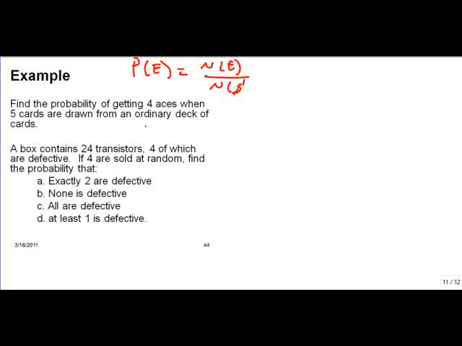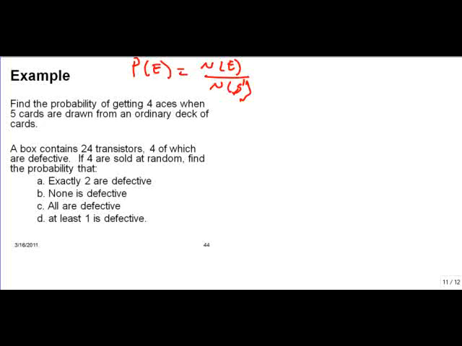In this case, we're going to be dealt a 5-card hand from a standard playing deck of 52 cards. So the outcome here is getting 4 aces, and then we need one other card.